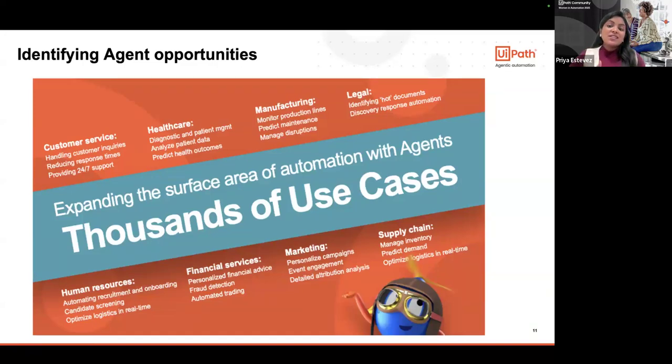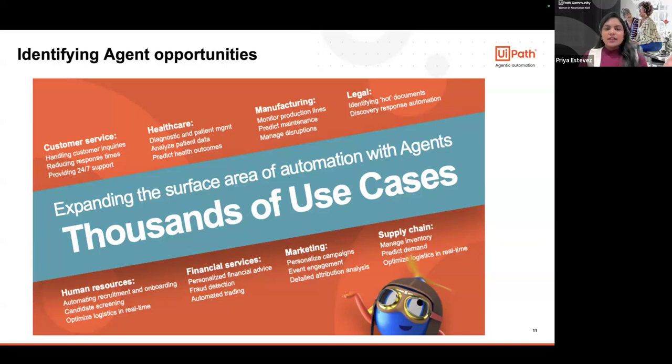So there were process discovery workshops done to identify which processes to automate, because when people think about their day-to-day work, they don't realize that they need help in areas that could be automated. That's why it's always good to do discovery workshops within your organizations, sit with different business units and talk to different SMEs in order to understand what could be automated and what could be given to the robots versus what could be an agent and where this could be helpful.